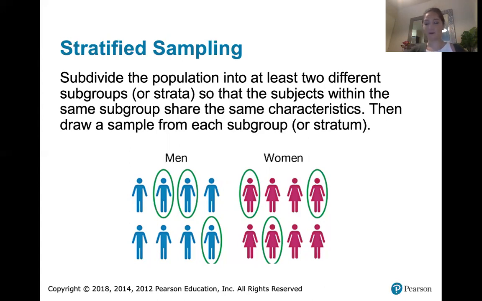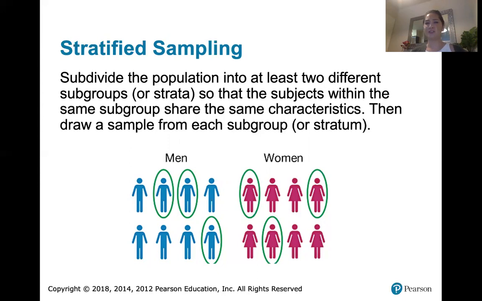Or if you were to separate everyone in the class by hair color or eye color, and then you were to randomly select people from the brown hair group and the blonde hair group and the red hair group and the other hair group, that would be stratified sampling.